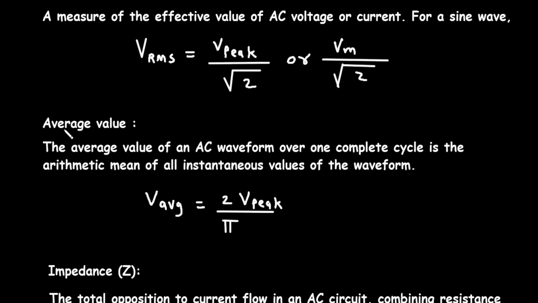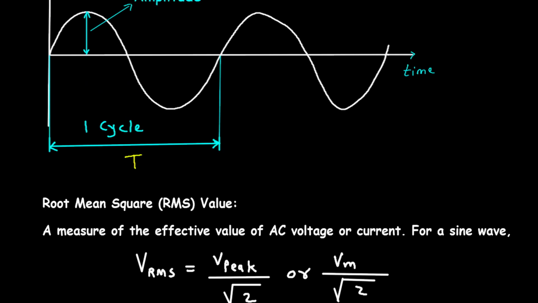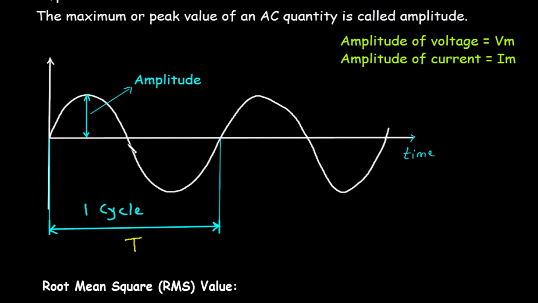Then next is average value. The average value of an AC waveform over one complete cycle is the arithmetic mean of all instantaneous values of the waveform. So we will see this. These are the instantaneous values.